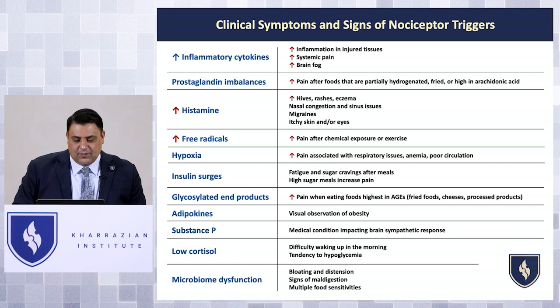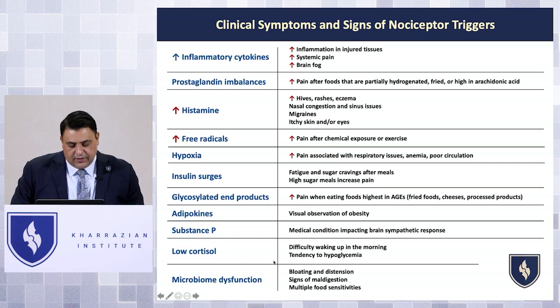For some people in chronic pain syndromes, that does make them worse. And adipokines, just see if they have any types of obesity, substance P, medical conditions impacting brain sympathetic response. Low cortisol, difficulty waking up in the morning, tendency to hypoglycemia, microbiome dysfunction, bloating and distension, signs of maldigestion, multiple food sensitivities. Those are your clues for some of these driver pathways.